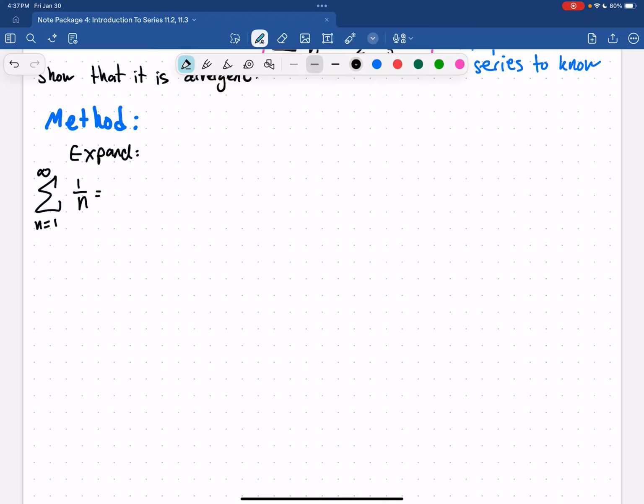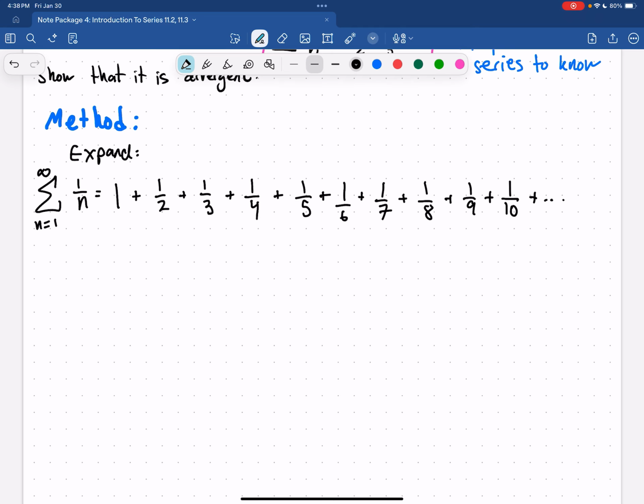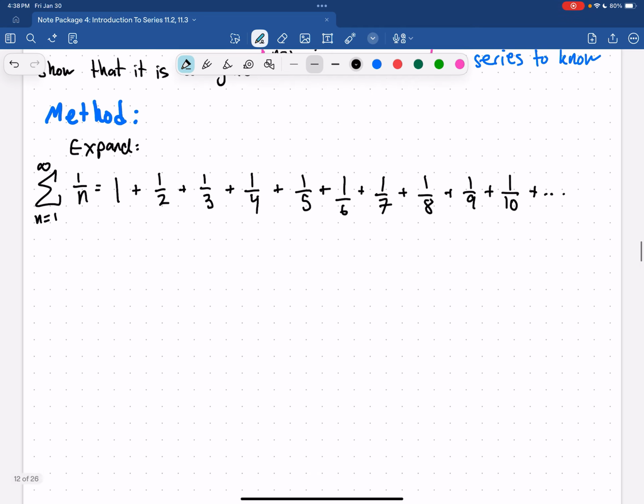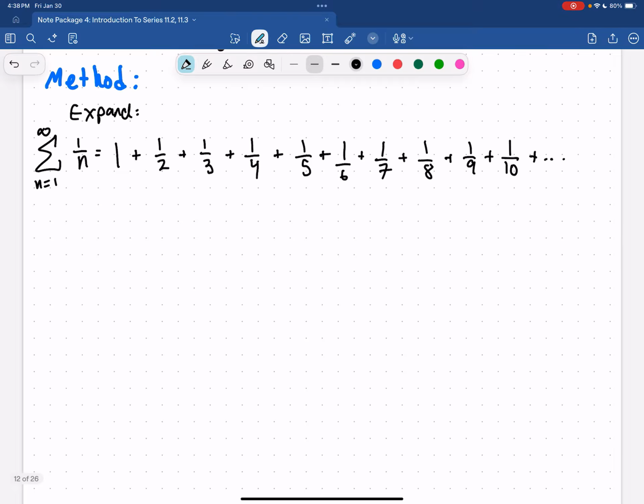So, like I said, we have 1 plus 1/2 plus 1/3 plus 1/4 plus 1 over 5 plus 1 over 6 plus 1 over 7 plus 1 over 8 plus 1 over 9 plus 1 over 10 and so on. I'll just stop there, but we'll be able to see a pattern here. Okay, so what we're going to do is compare these fractions to 1 over powers of 2.